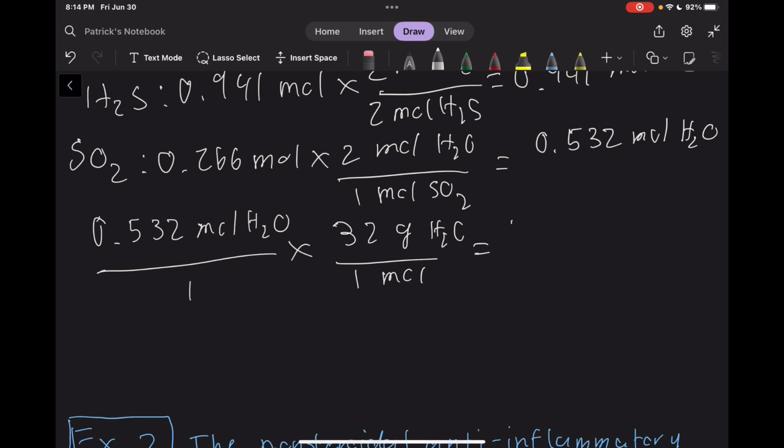So we end up with 17.024 grams of H2O as a theoretical yield.